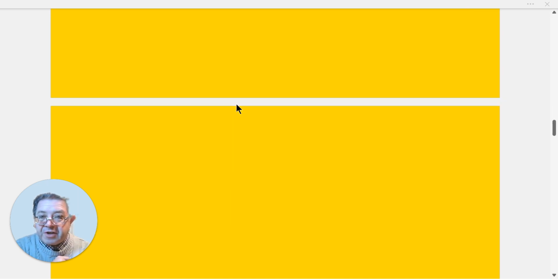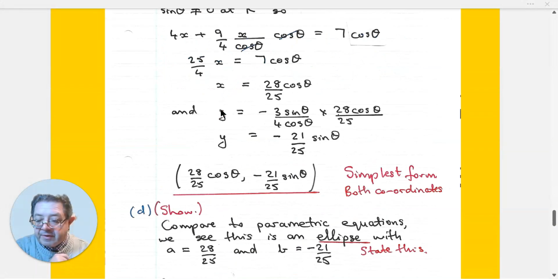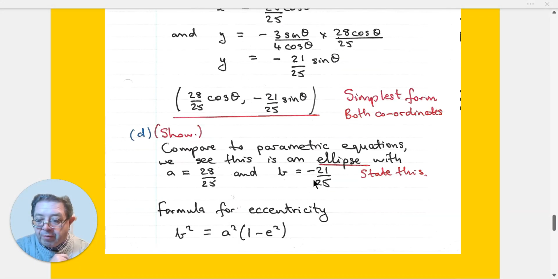So compare that to the coordinates of R, and we're going to find that is of the form of an ellipse, with a is 28 over 25 and b is minus 21 over 25. Do make sure you state clearly that we have shown this is an ellipse.